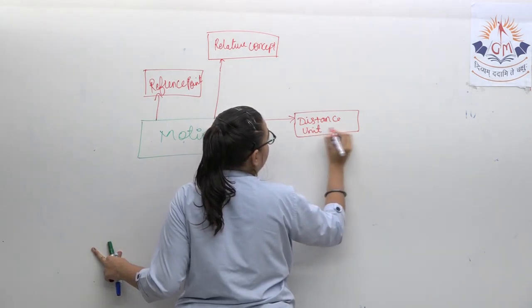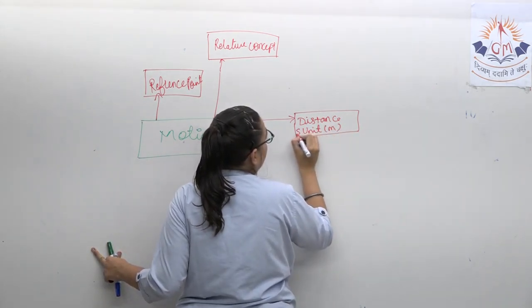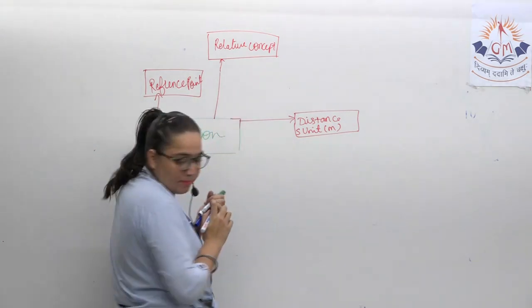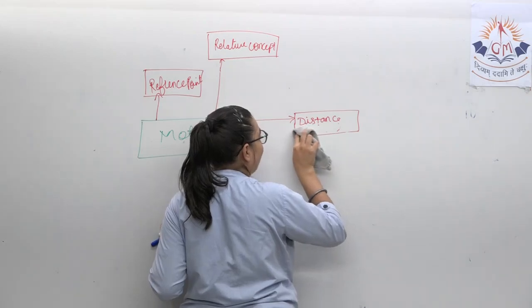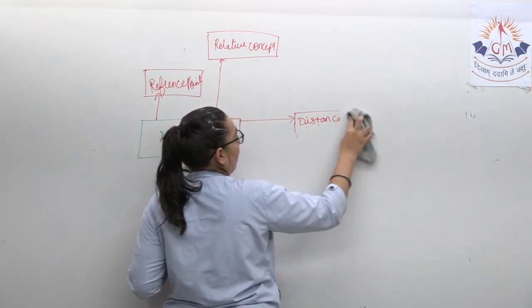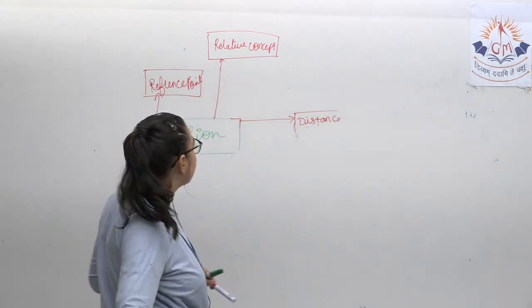I'm drawing the memory map, and once you understand it, it's actually the whole chapter at a glance.